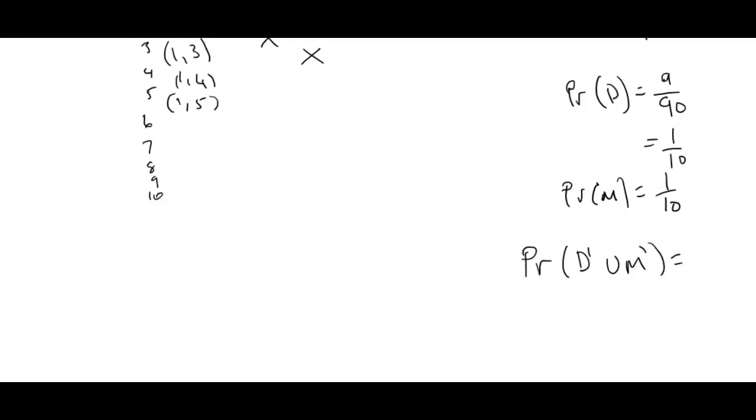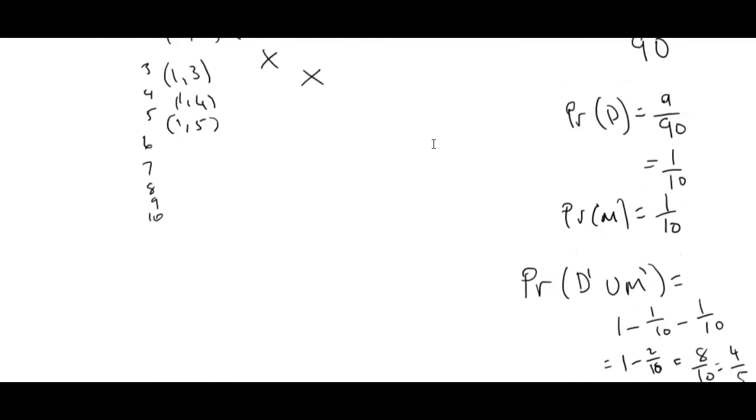So we don't want a distinction or a merit, so it's going to be 1 minus the probability of a distinction minus the probability of getting a merit. So 1 minus 2 on 10 gives you 8 on 10, which is 4/5. Okay, so the probability of not getting an award is 4 out of 5.